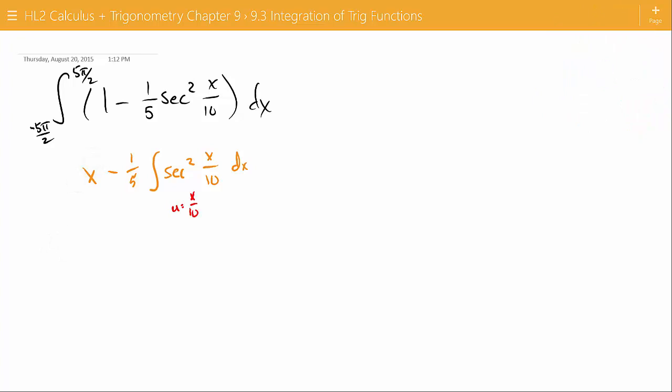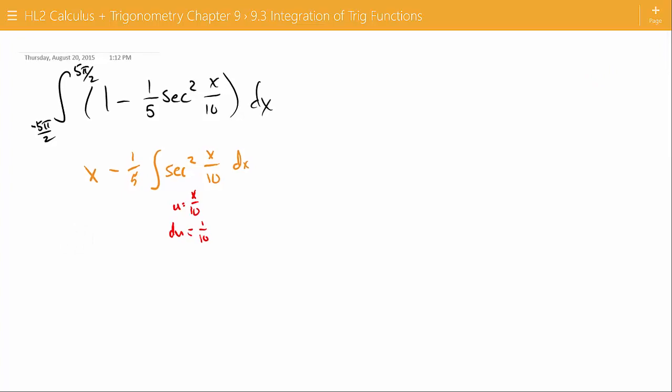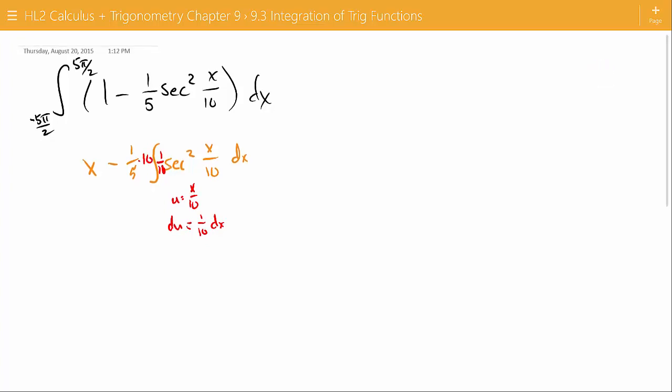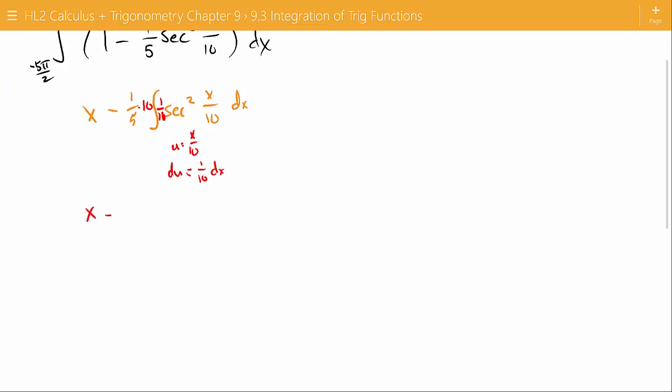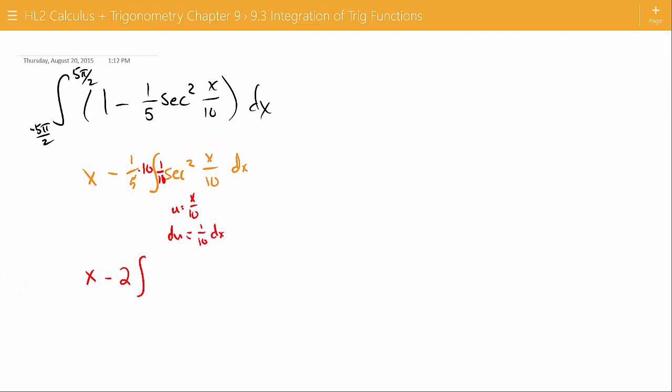U is x over 10. du is 1/10 dx. So multiply by 1/10, multiply by 10 to balance things, and what do we have? Well, we've got x minus 1/5 times 10, which is 2, integral secant squared u du.